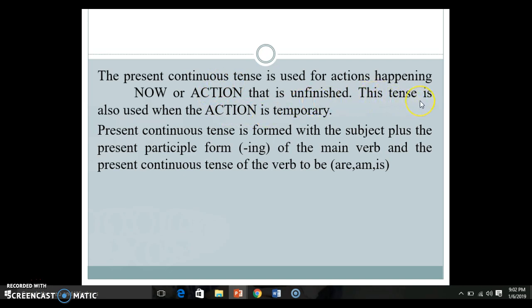This tense is also used when the action is temporary. Present continuous tense is formed with the subject plus the present participle form, verb plus ing, and the present continuous tense of the verb to be: are, am, or is.